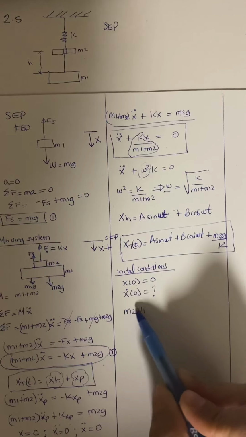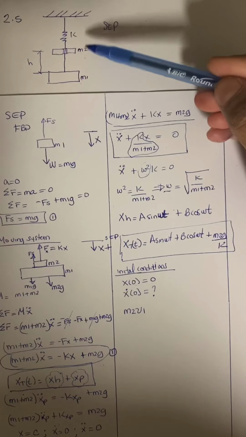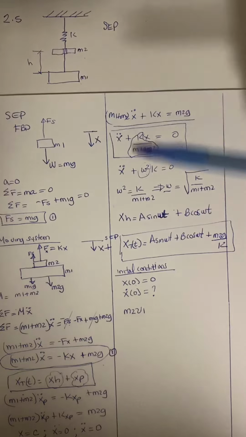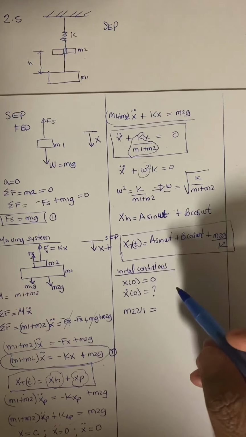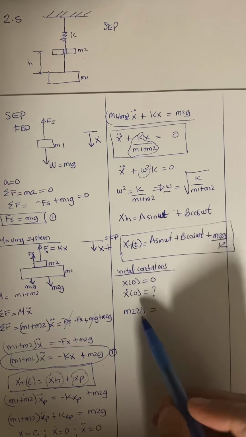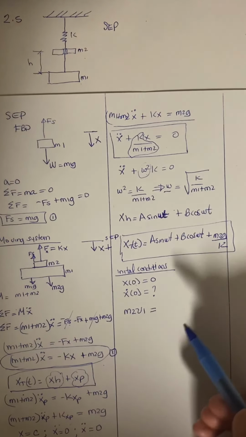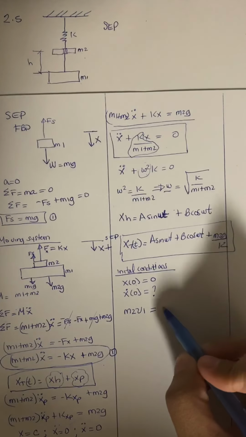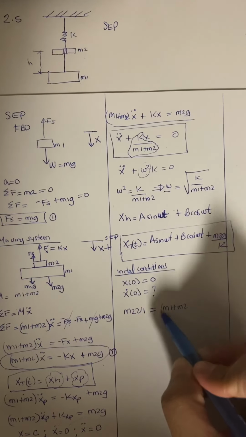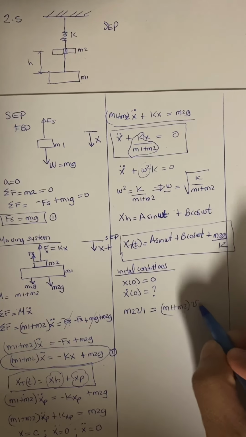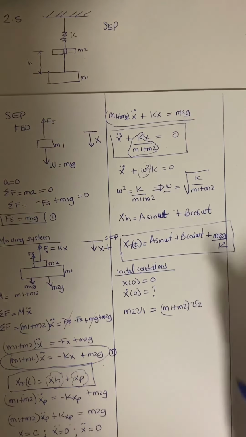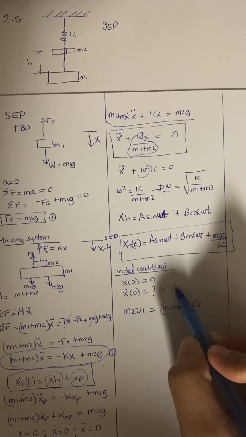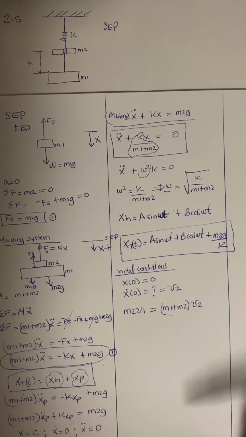The initial velocity of mass 2 while it's dropping from a distance h, that initial velocity times its mass is the linear momentum of that mass. That linear momentum before collision is equal to the linear momentum after collision, and after collision, the two masses are attached to each other and have a velocity too. And that velocity is the initial velocity that caused the system to move. So this is going to be equal to v2, and that's the velocity that we are interested in.